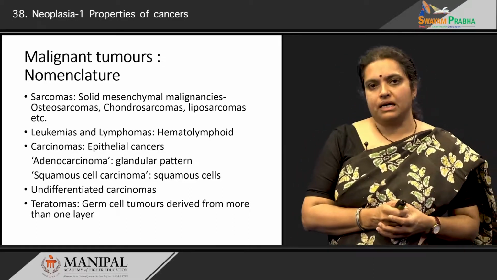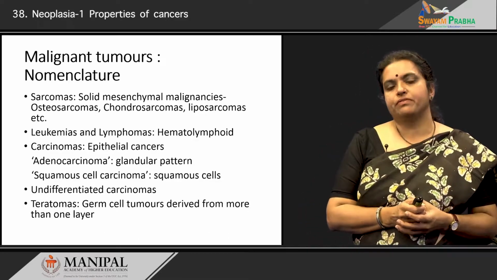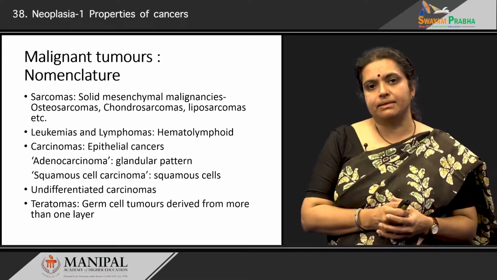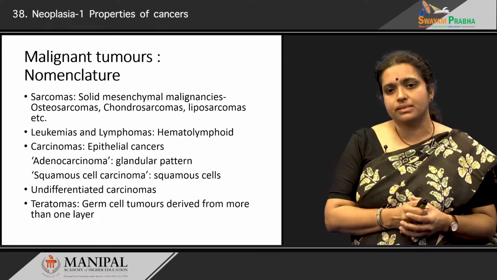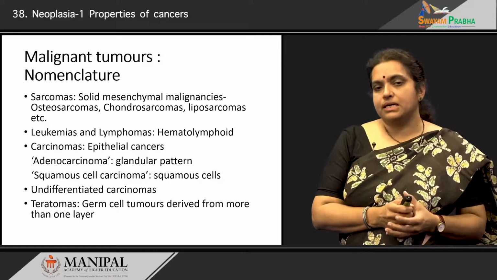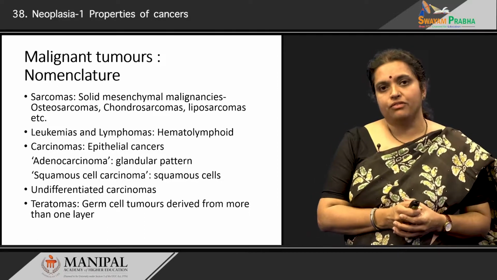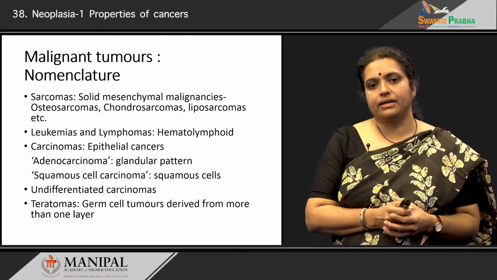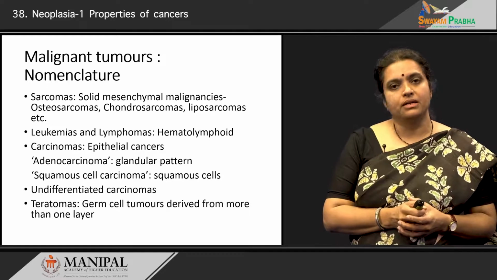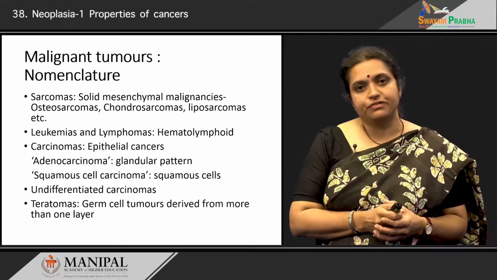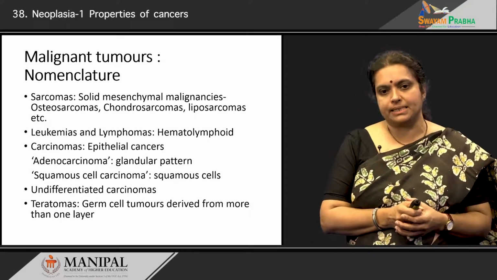Then you have carcinomas, which refers to cancers that arise from epithelial structures, and in carcinomas you have adenocarcinomas when a gland-like formation occurs, and squamous cell carcinomas when the carcinoma cells differentiate towards squamous cells.